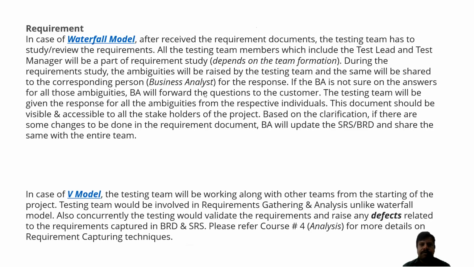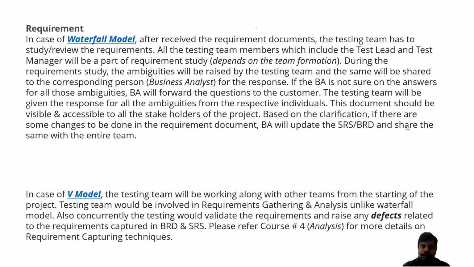This document should be visible and accessible to all stakeholders of the project. Based on the clarification, if any changes need to be made, the business analyst will update the SRS or BRD and share it with the entire team.